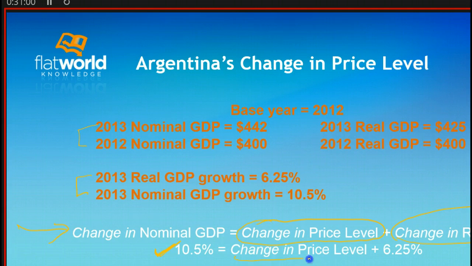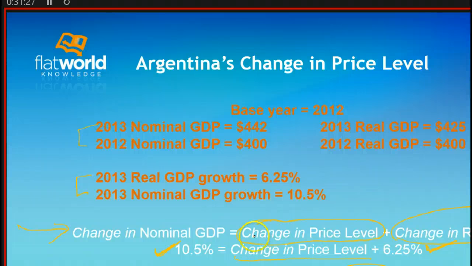I don't know the change in price level, but I do know that real GDP increased by 6.25%. If I put all those together, what I discover is that the change in prices in that economy from 2012 to 2013 was 4.25%. This is a lot like saying this economy had inflation of 4.25%.